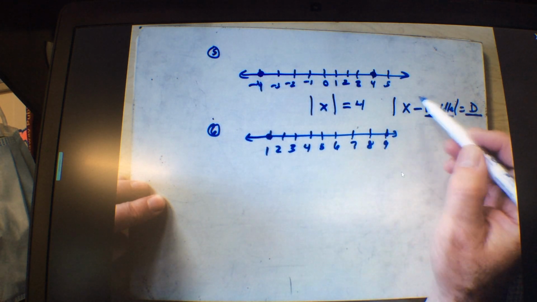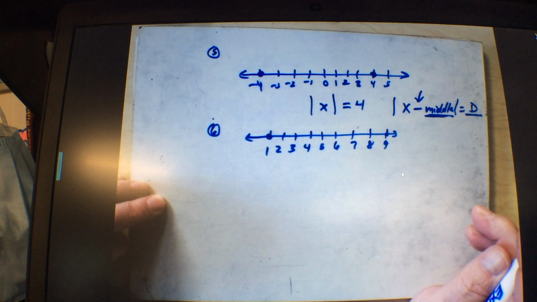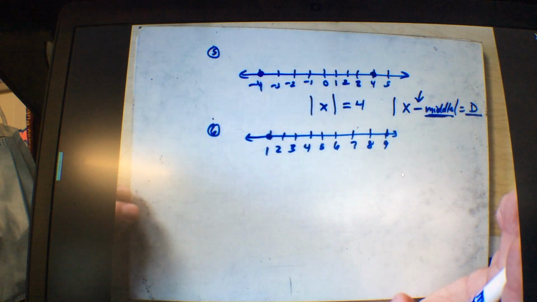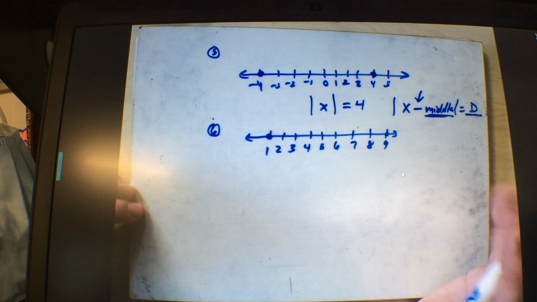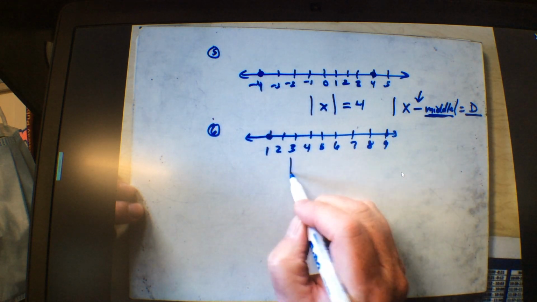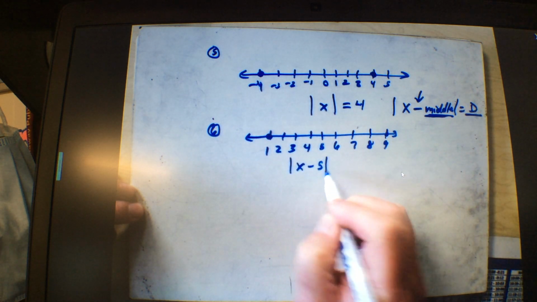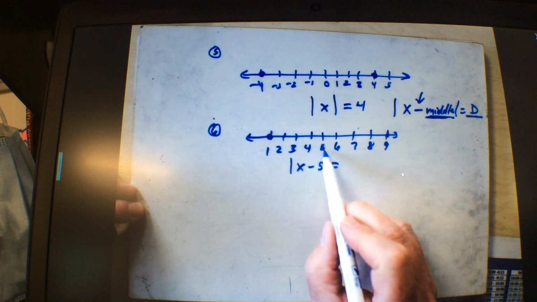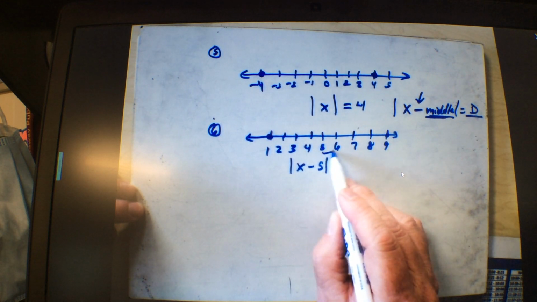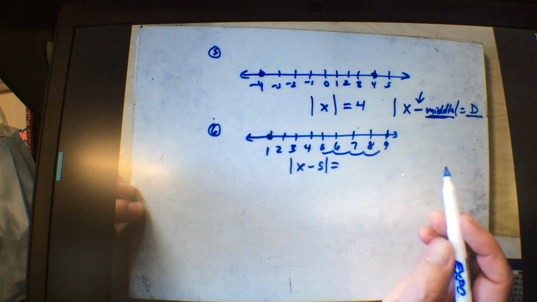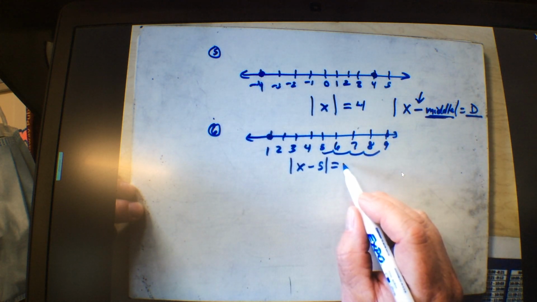So it's always subtract because you're finding the difference. So what number's in the middle? 5. So it's x minus 5 equals, and what's the distance from 5 to each one of these numbers? 1, 2, 3, 4. So it equals 4.